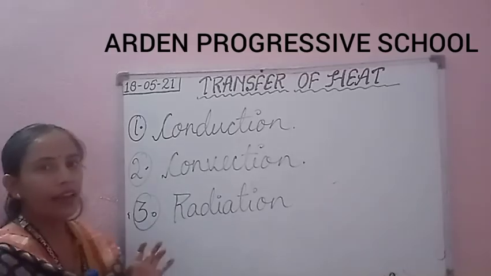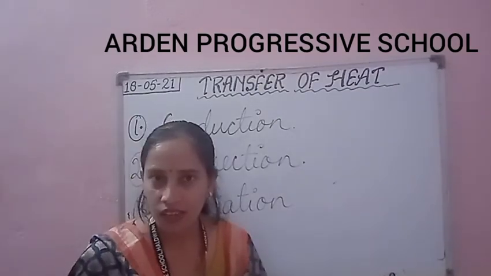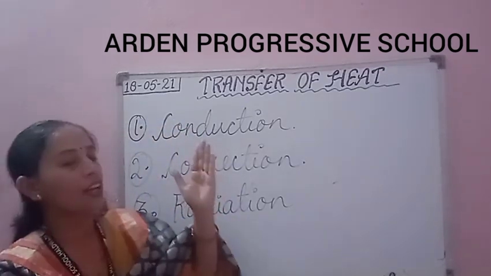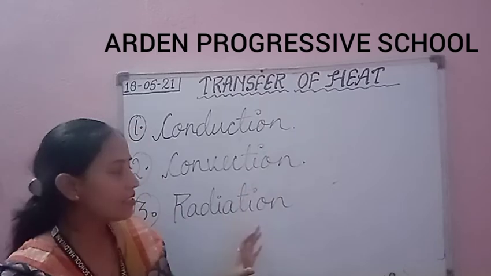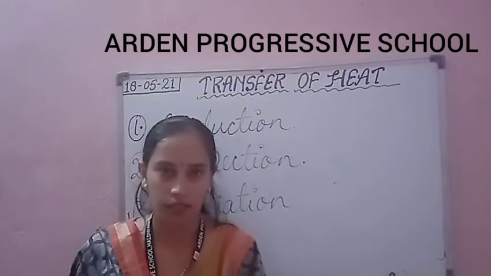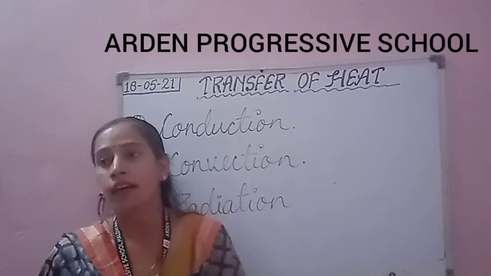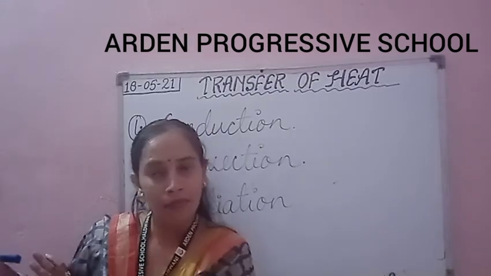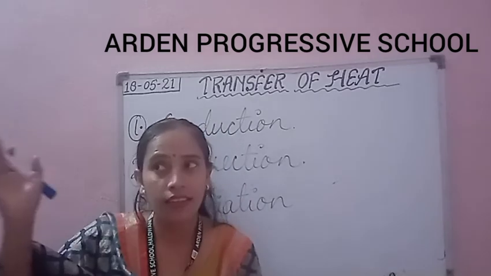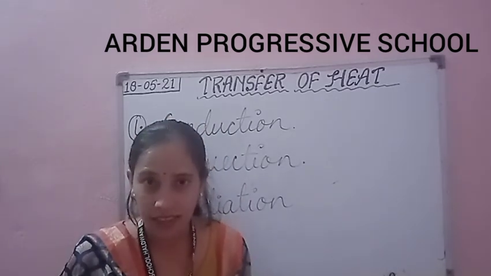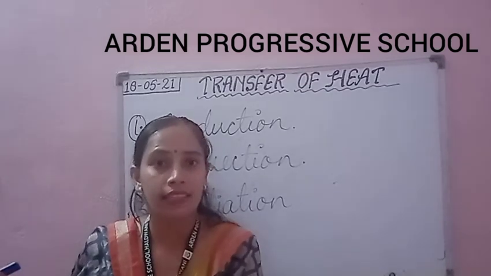So students, next is radiation. So what is radiation? How does heat transfer by radiation? Students, radiation does not require any medium. Okay, as you see, in winters we come out for sunlight and the sun gives us heat, or we feel hotness when we sit in the sunlight.